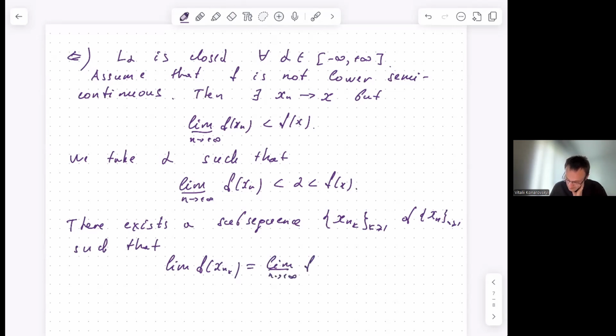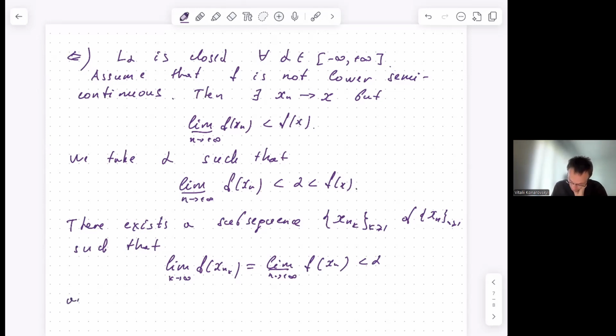It follows from the fact that the lower limit is the smallest limit point of that sequence, as k goes to plus infinity. And of course, this is less than alpha.